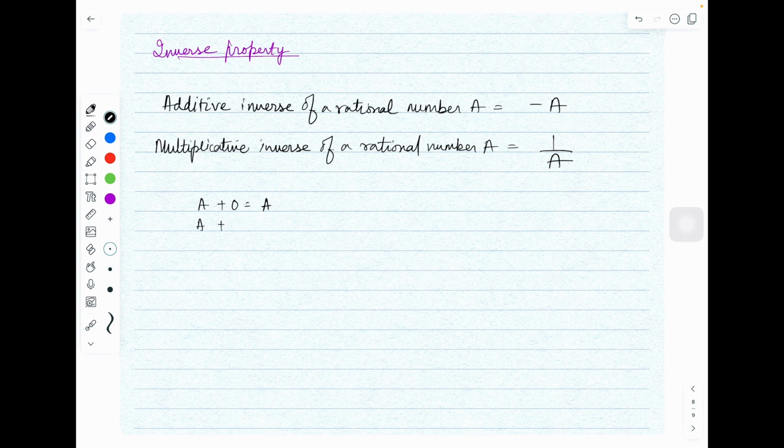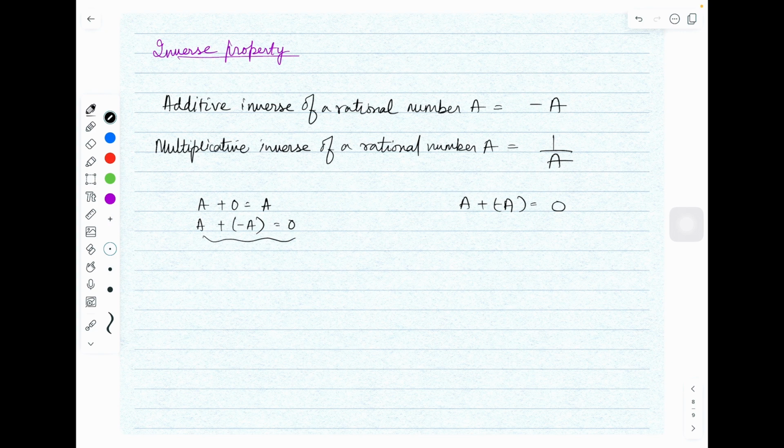So if you take A this side, we can write it like this: A plus of minus A equals to 0. 0 will remain the same, but A's sign will change. So this is the additive identity: A plus of minus A equals to 0.